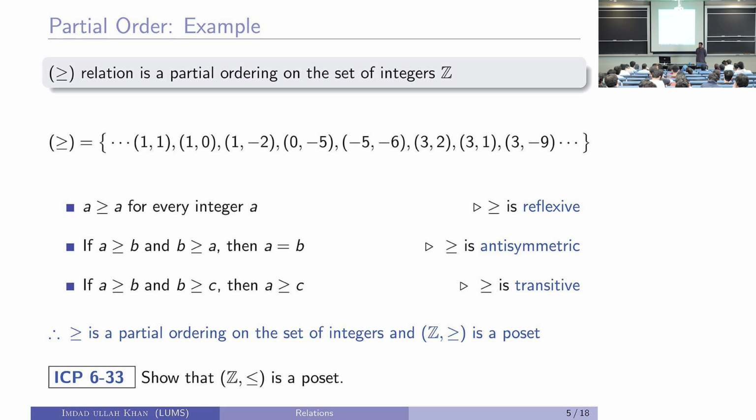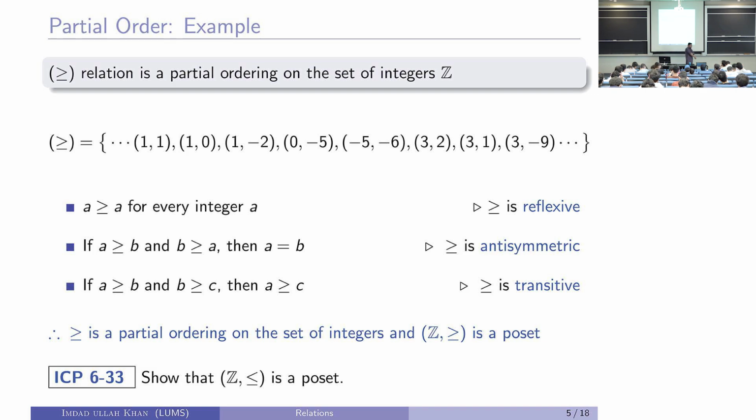Every A in Z is less than or equal to A. So, this is a reflexive relation. Is it anti-symmetric? Well, just like greater than or equal to, if A is less than or equal to B and B is also less than or equal to A, then A must be equal to B, right. And it is also transitive. If A is less than or equal to B and B is less than or equal to C, then A should be less than or equal to C, right. So, whenever I see these two, the third one must be there. So, this is also a poset, right.